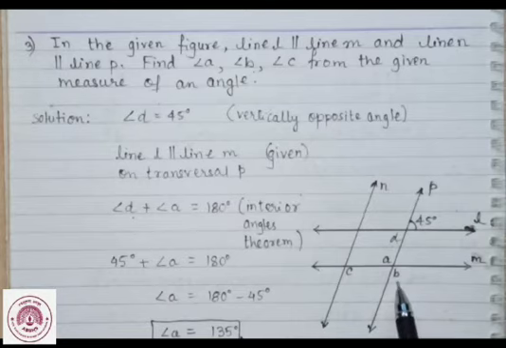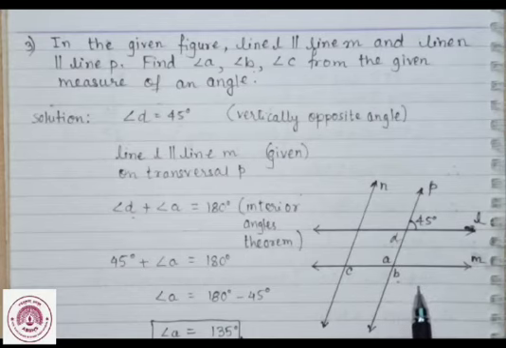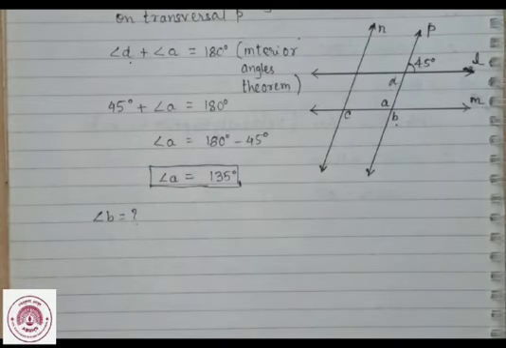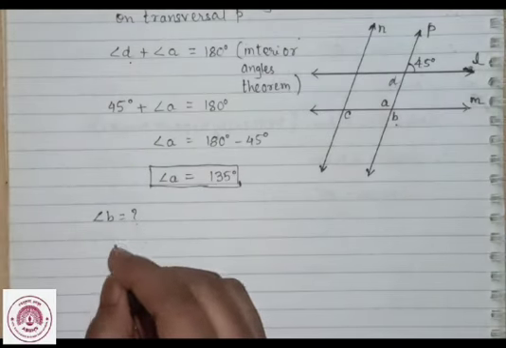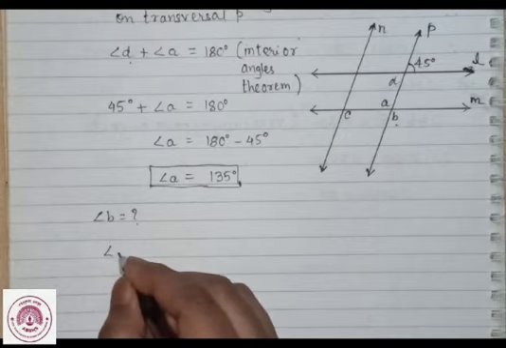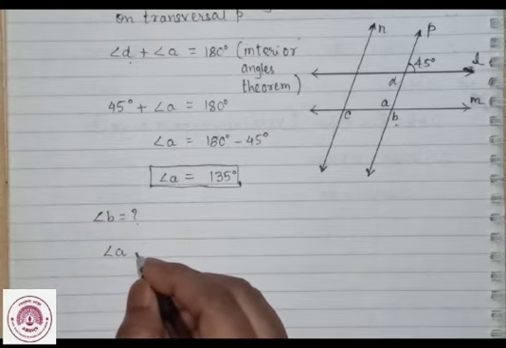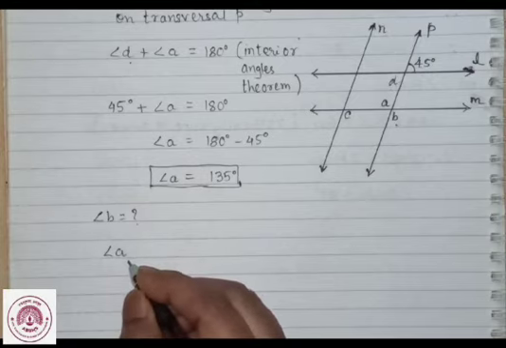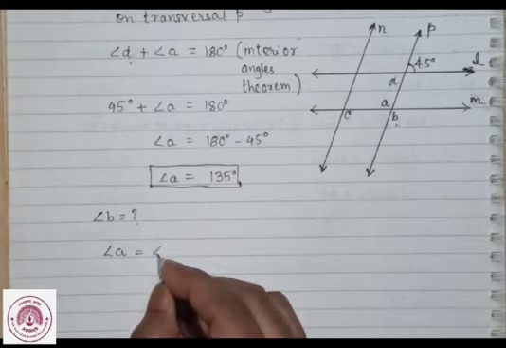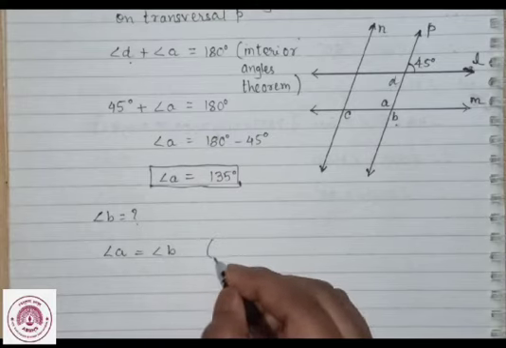Now angle A and angle B are vertically opposite angles, and vertically opposite angles are congruent. So we can write here angle A is equal to angle B. Reason?